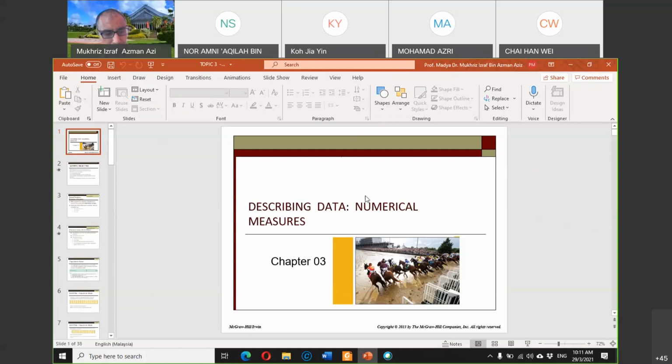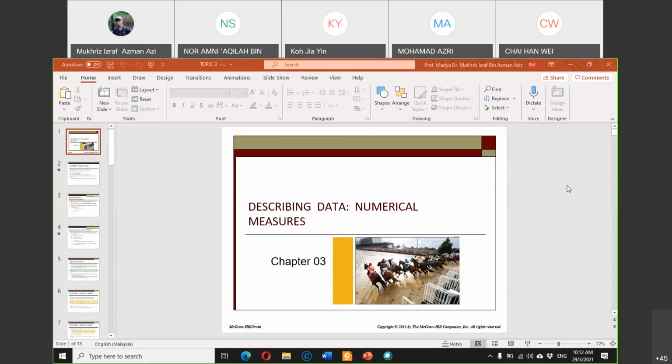And in chapter 3, we start looking at how to calculate certain measurements, especially the most basic ones: mean, median, mode, and also standard deviation and variance.